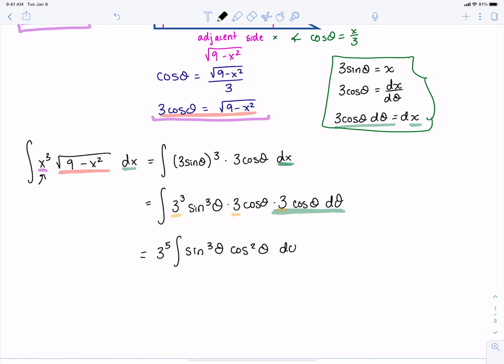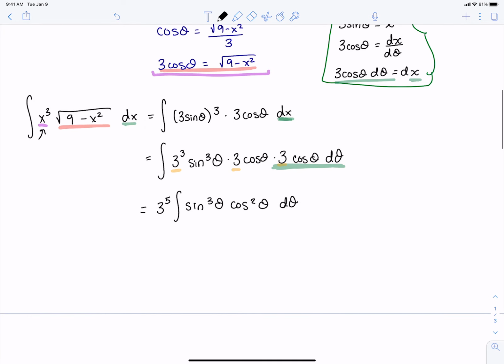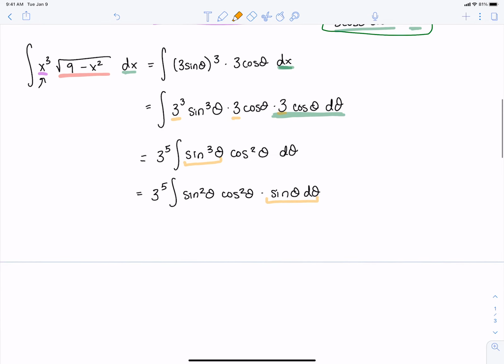Now this is an integral that we've seen before, and this is one of our trig integrals. What we can do is break this up as sine squared of theta times cosine squared of theta times sine of theta. All I'm doing here is peeling off one of our sines from our sine cubed and putting it over by our d theta, because we're going to do a substitution in a second.